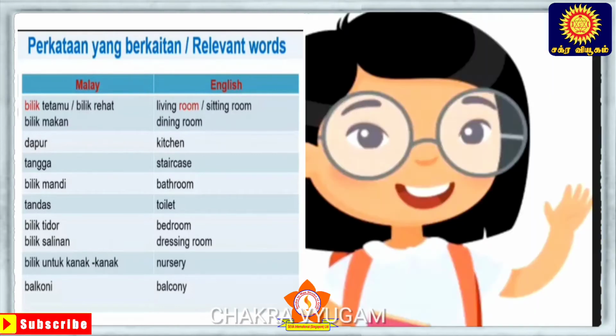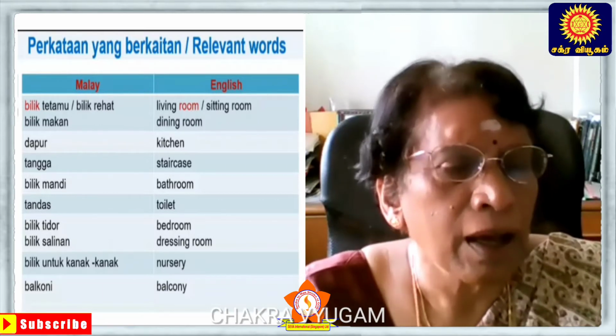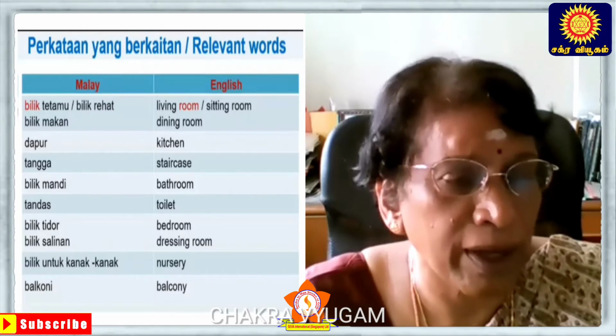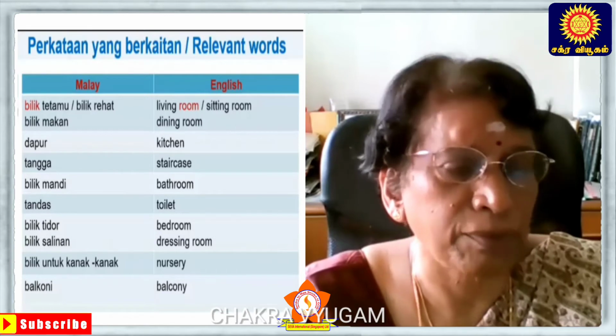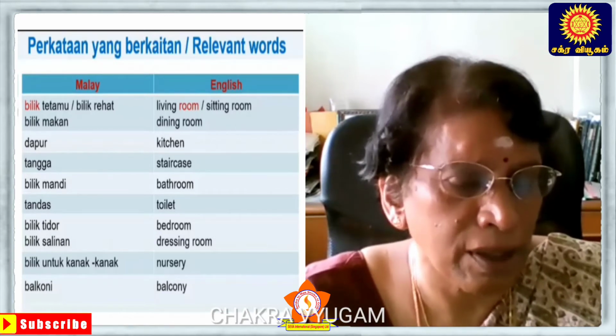Okay. Bilik tidur. Bedroom. Bilik salinan. Dressing room. Now, not all houses have this as a separate room, but in some bigger homes, you find a separate room where people dress up. So they don't dress up in the bedroom. Bilik tidur. Tidur is to sleep. So bilik tidur just now was bedroom.